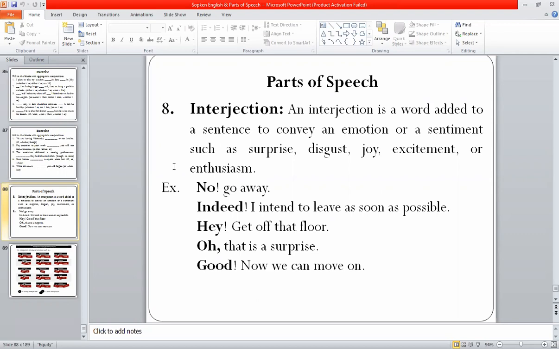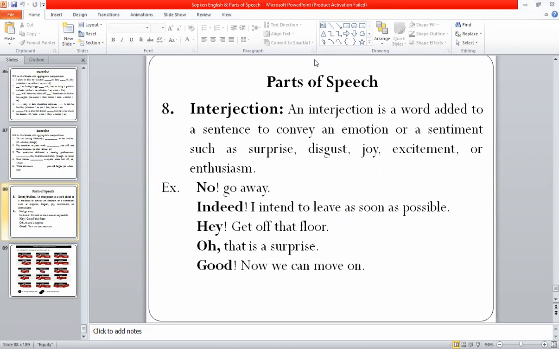An interjection is a word added to a sentence to convey an emotion or a sentiment such as surprise, disgust, joy, excitement, or enthusiasm. It is added to the sentence to convey an emotion or a sentiment.